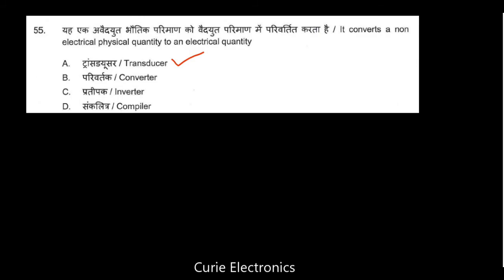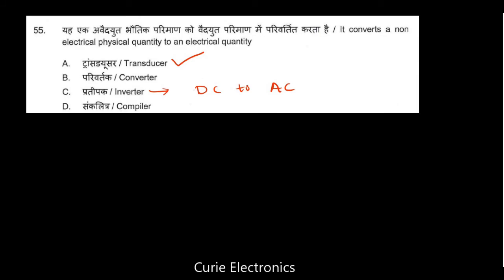Examples are mic and the different sensors. Inverter is a circuit or device which converts DC to AC.